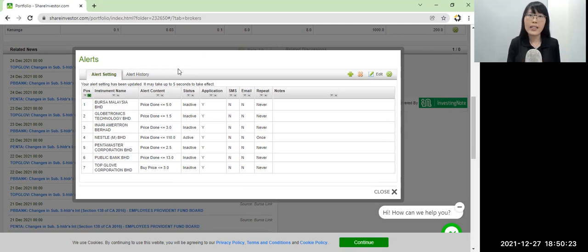So how do you buy the stock when the stock price hits the bottom? When you set the alerts, it will alert you. Then you will know when the stock price hits a certain level or the bottom. Then you can make the decision yourself whether to buy or to sell. So this is a very useful part of alerts.